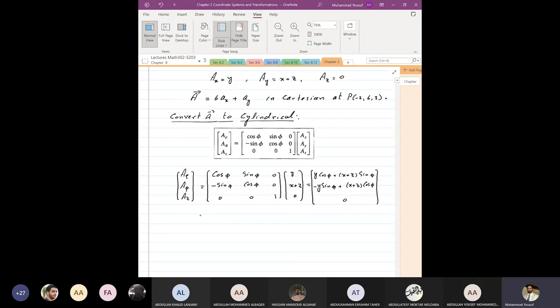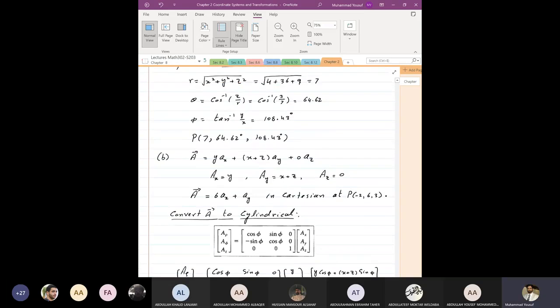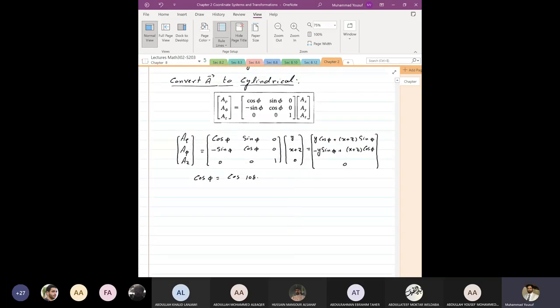Cosine of phi, that is cosine of 108.43. You can use that angle and find cosine of phi. Someone do this and tell me what is the value of cosine phi.